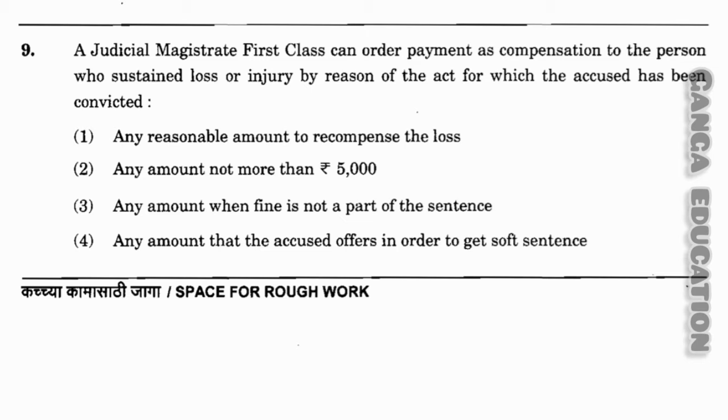Option number 2, any amount not more than rupees 5,000. Option number 3, any amount when fine is not a part of the sentence. Option number 4, any amount that the accused offers in order to get soft sentence. And the correct answer is option number 3, any amount when fine is not a part of the sentence.